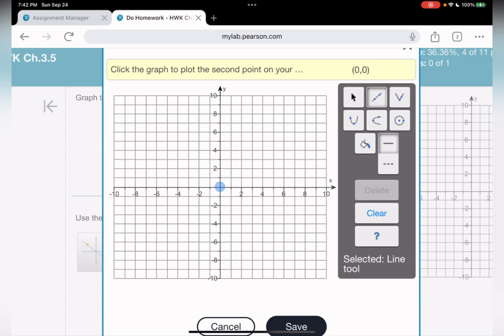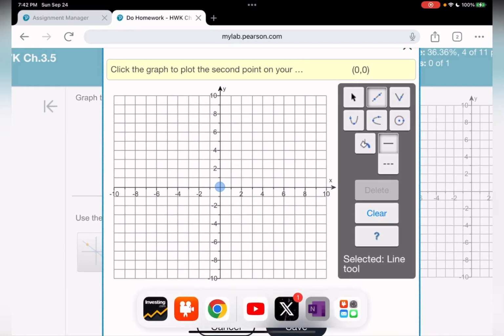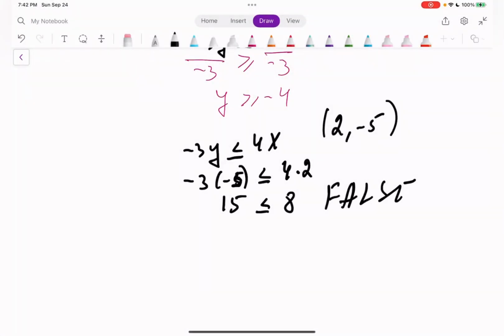Now I'm taking, let's say, x is what? I'm taking x equal to 6, so I have 6y less than or equal to negative 7x.